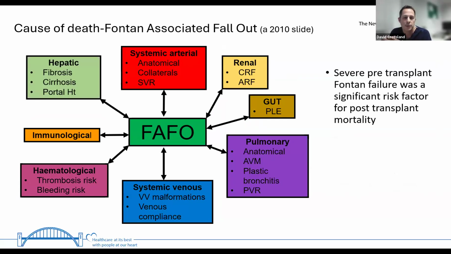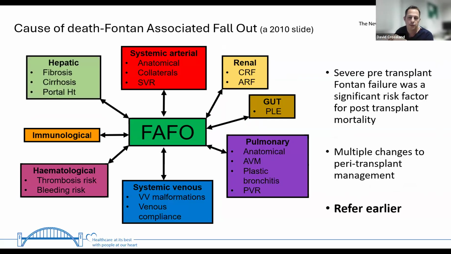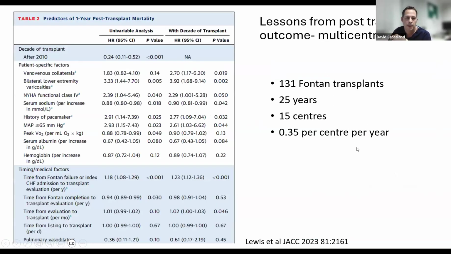But what we found was that they were dying of all the reasons we were transplanting them for in the first place. So all of the multiple elements of Fontan failure continued after the heart transplant. And as a result of this, we've of course changed our peri-transplant management, but that's going to be talked about later. But one of the key messages that we gave here was to refer patients earlier.